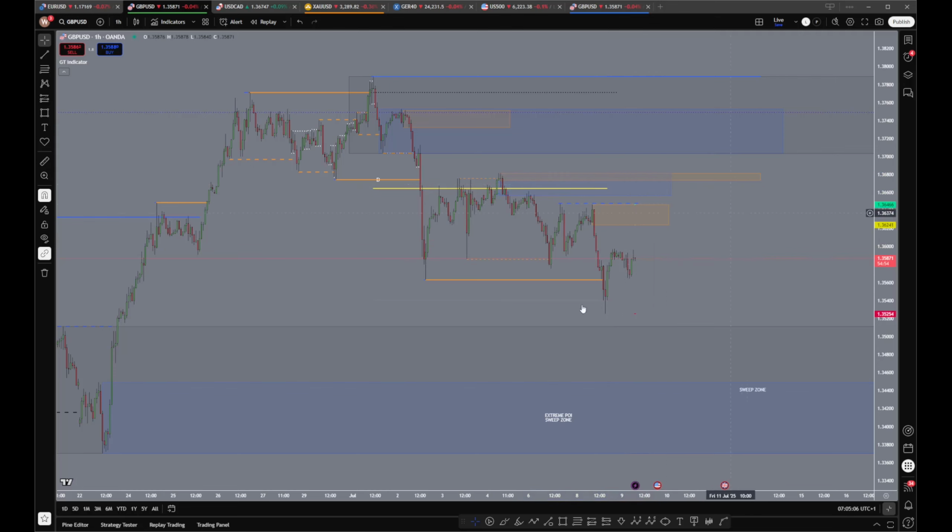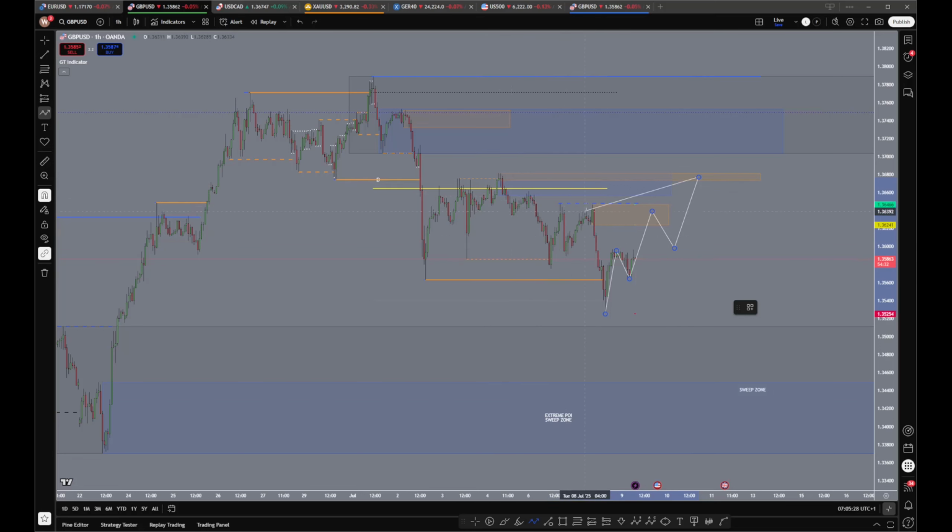So I wouldn't be too surprised to see price start to pull back, come into this zone, just use this as a reaction point to carry on higher, mitigate a higher probable supply zone in the discount of the leg, so it's going to be better priced than this zone.